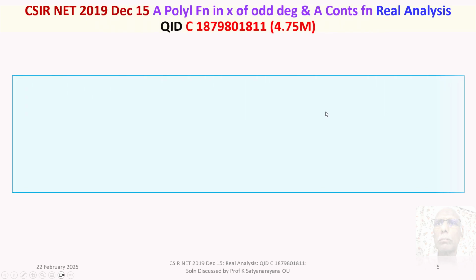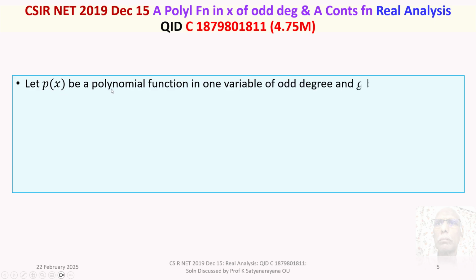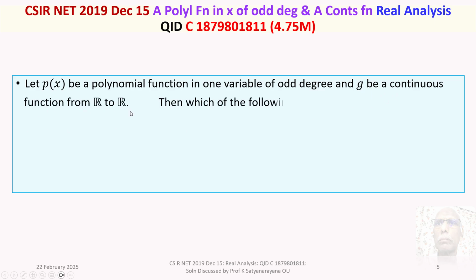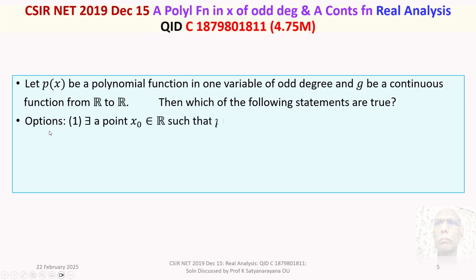The given question is: let p of x be a polynomial function in one variable of odd degree. Please note this. And g be a continuous function from R to R. Then which of the following statements are true? We are given four options.